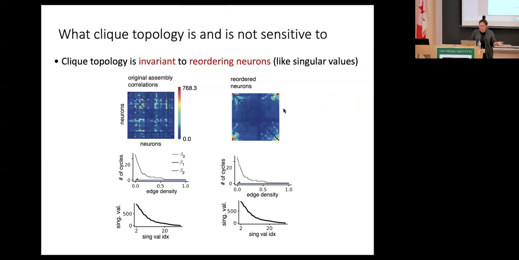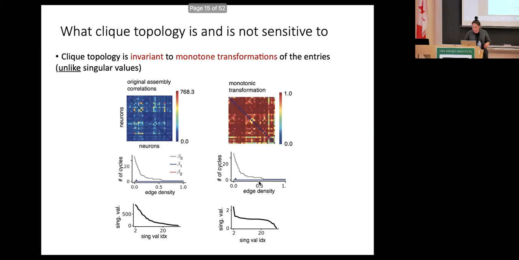Some things that clique topology is invariant to is reordering the neurons. And singular values is too, right? We know if we shuffle the rows and the columns to try to see if we could identify structure in a matrix, we're going to get the same singular values. We're also going to get the same Betti curves out. Unlike the singular values, clique topology is invariant to these monotonic transformations.